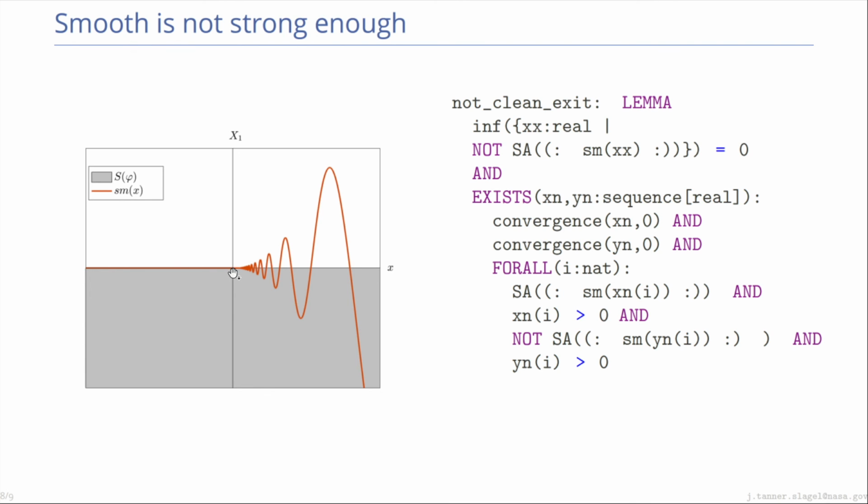Therefore, Sm does not leave the semi-algebraic set fully for any complete amount of time, and it also doesn't satisfy either of the other two cases. So smooth is not quite strong enough of an assumption, but real analytic is.